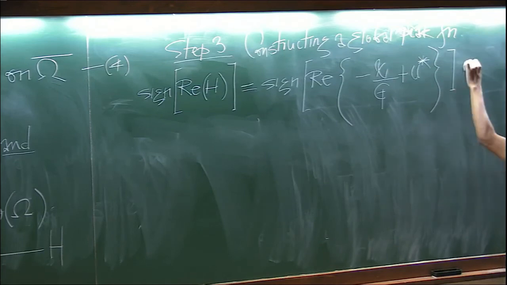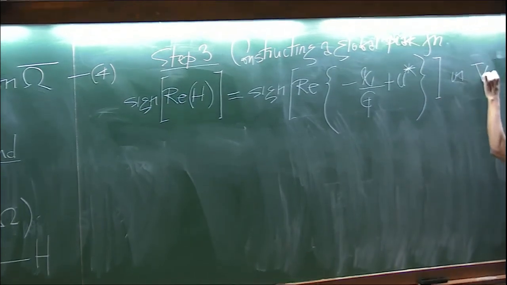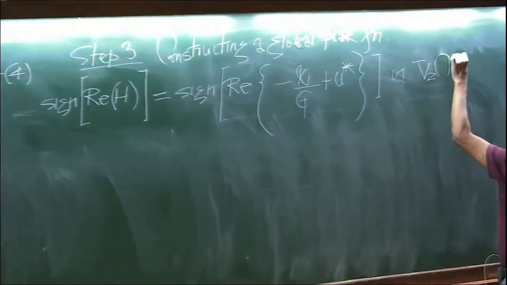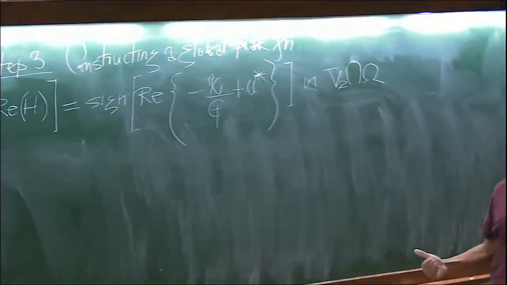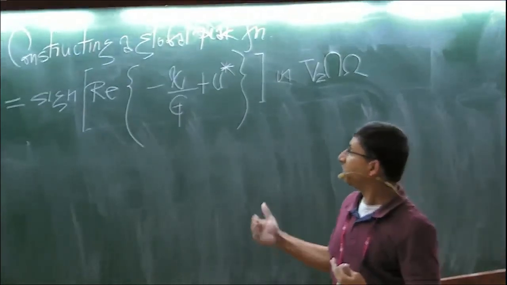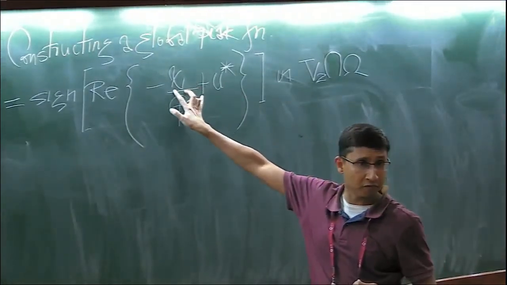This is true where this is in V2 intersect omega, where V2 is a set that contains the support of this guy.